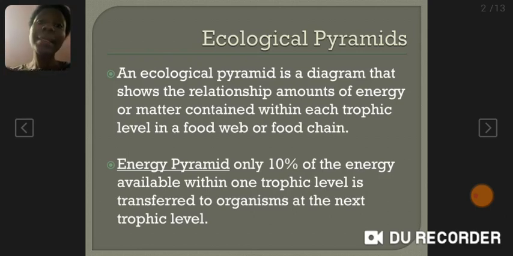So we still need to understand that food chain and food web are still important when we're talking about ecological pyramids. That's why we started with those definitions of the meaning of food chains and food webs, because we really need to use them more in these ecological pyramids. So ecological pyramids will just show you, it's a diagram.